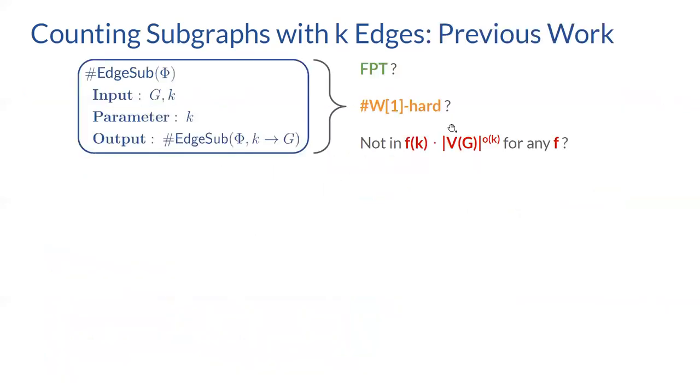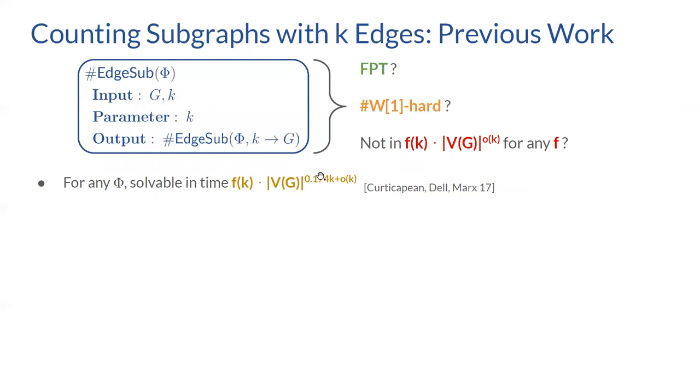Okay. We are not the first ones to study this problem, so let me tell you something about previous results on this problem. An implicit consequence of a result of Kotikapia and Marx states that for any property phi, you can solve this problem in time f(k) times the number of vertices of G to this exponent, which is linear in k, but the constant in this linear function is quite small.